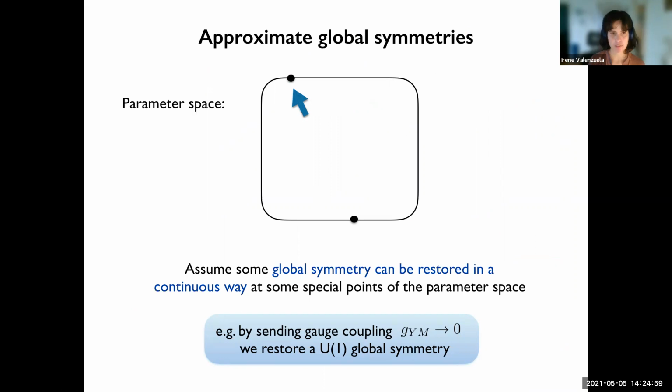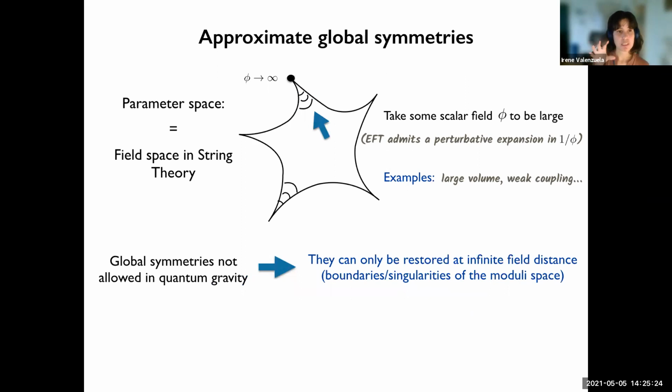If you have your parameter space in your theory, and we assume now that global symmetries are not allowed in quantum gravity, you could ask, okay, what happens if I try to restore a global symmetry by moving in this parameter space? For example, I can send a gauge coupling going to 0, and that will restore a U(1) global symmetry. Now, this parameter space, from the point of view of string theory, is like the field space, no?